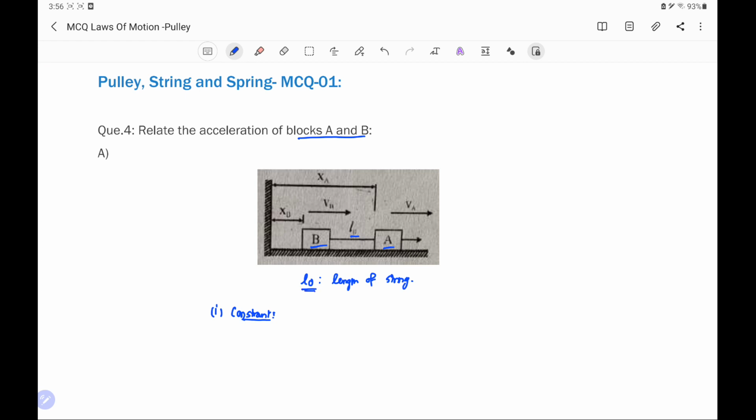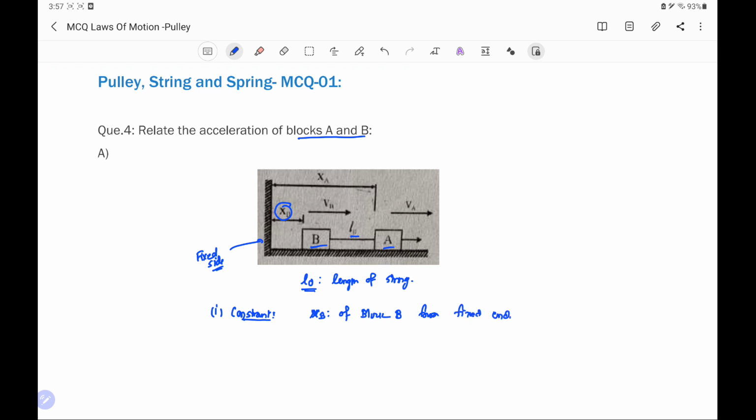The constraint is that the length of the string is constant. So first we find the distances of the blocks from the fixed side, which is this left-hand side. This is the fixed side. From the fixed side, the distance of block B is xb. xb is the distance of block B from the fixed end.